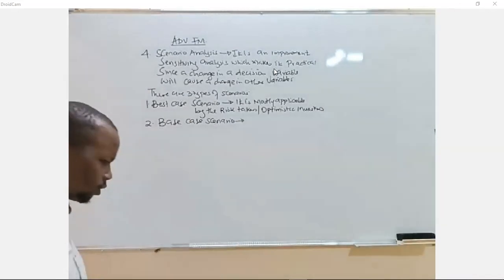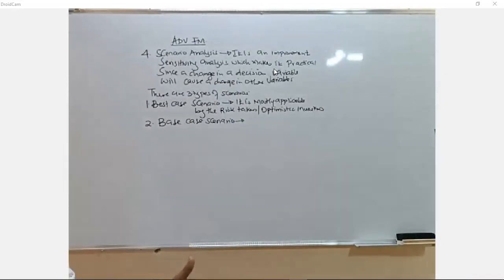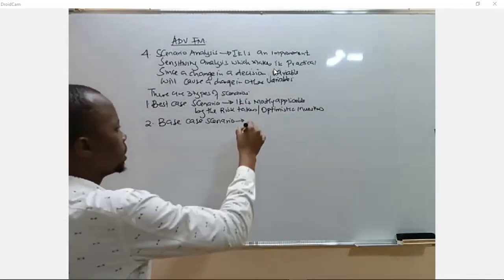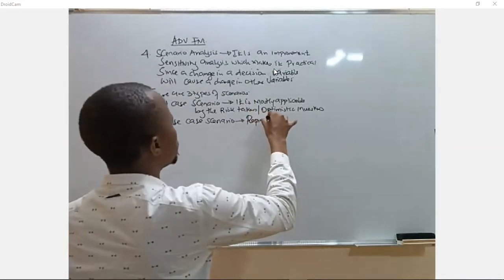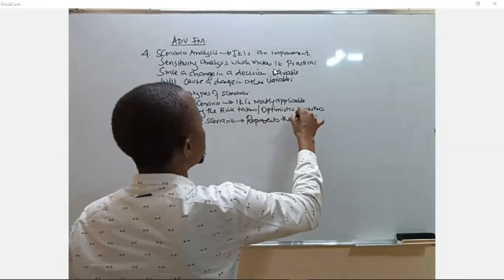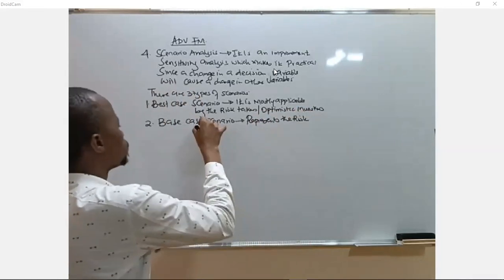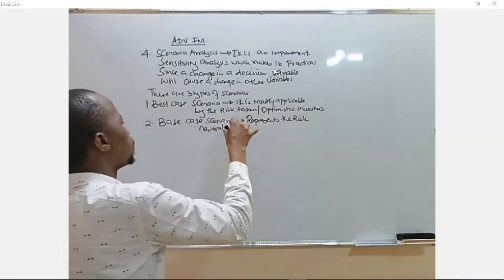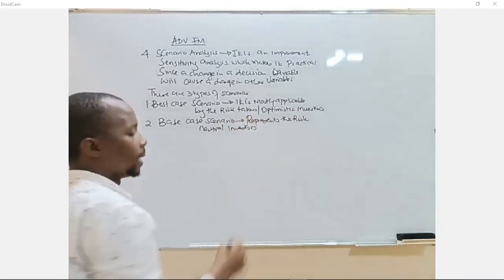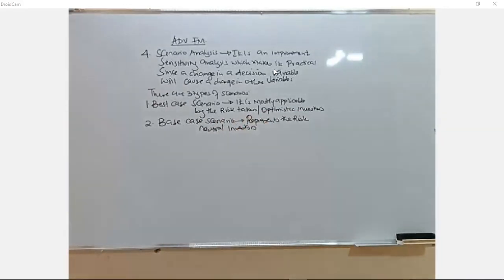What am I expecting in the next 6 months? You do your analysis and you say, it is 50-50, I don't know whether I can invest or not. And these people normally represent the risk neutral investors.